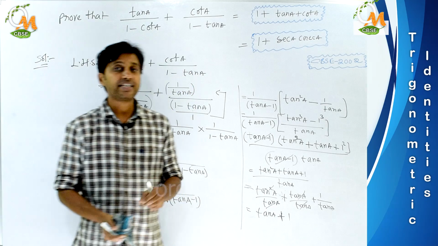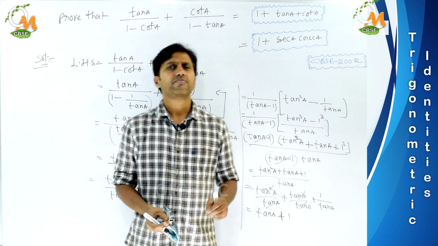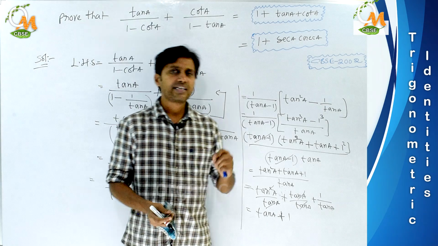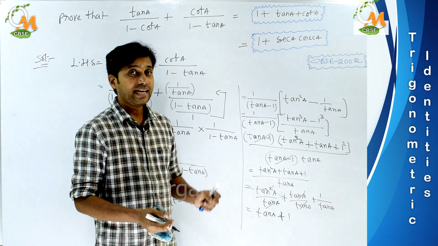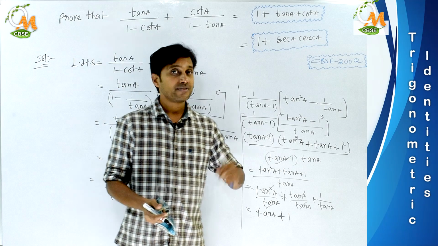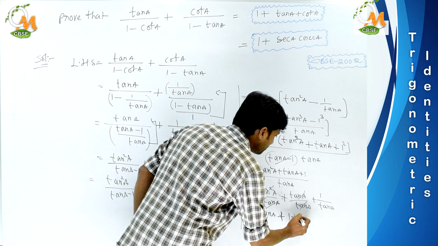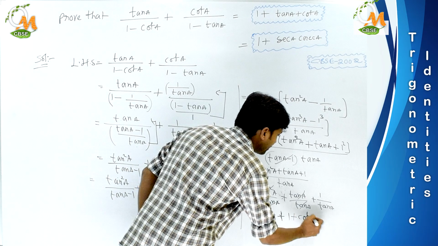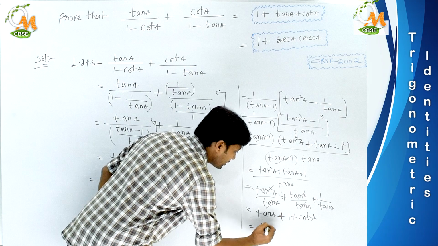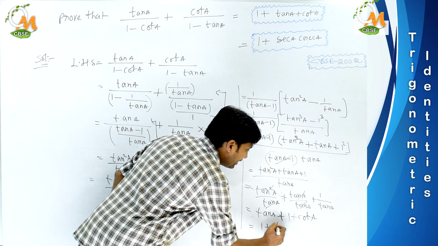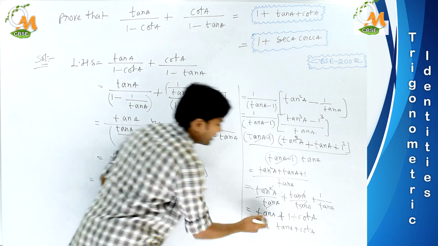Tell me, how can we write 1 by tan A? Is it cot A or not? Yes, because tan A and cot A are reciprocals of each other. So we can write tan A as 1 by cot A and cot A as 1 by tan A. So here 1 by tan A can be written as cot A. Now we can further write this as 1 first and tan A next plus cot A. We just change the order.